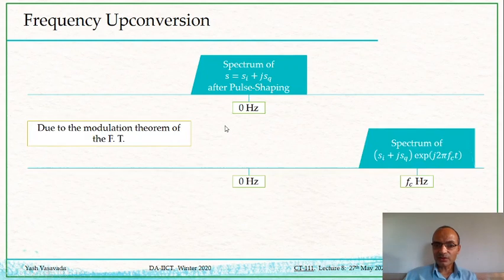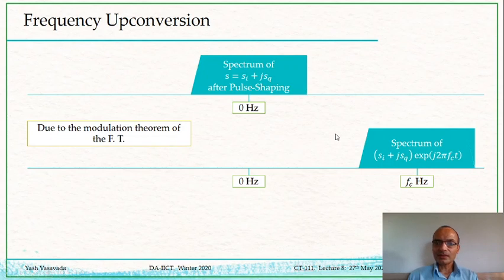Instead of 0 hertz, due to the modulation theorem of Fourier transform, Si plus JSQ, after it gets multiplied by this complex exponential phasor, the exact same signal just gets shifted, and it is now located at the carrier frequency where we want it to be located.